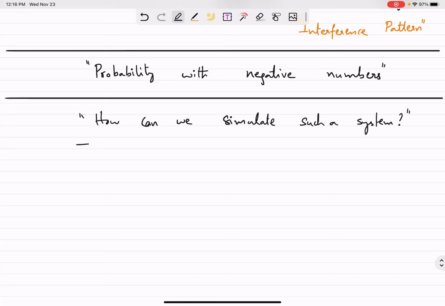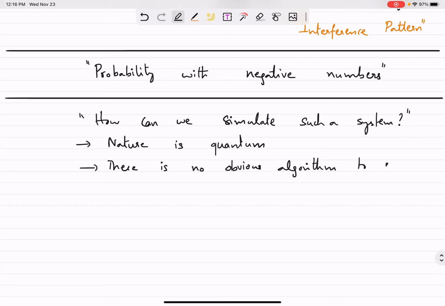And we definitely know that nature is quantum. There is no going around it. And as a result, there is no obvious algorithm to simulate a large system on a computer.